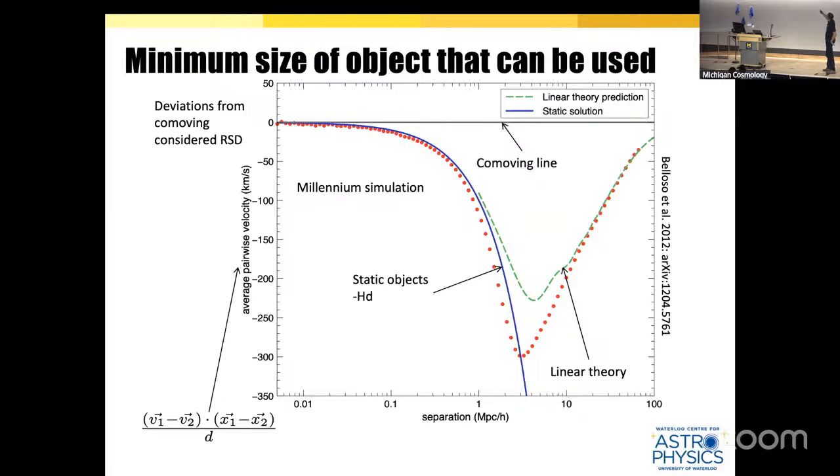And you will end up with a curve like these dots coming from the simulation. If all of the pairs of matter particles, galaxies, whatever you've chosen, were expanding with the co-moving expansion and there was no actual growth of structure, everything would lie along this co-moving line here.